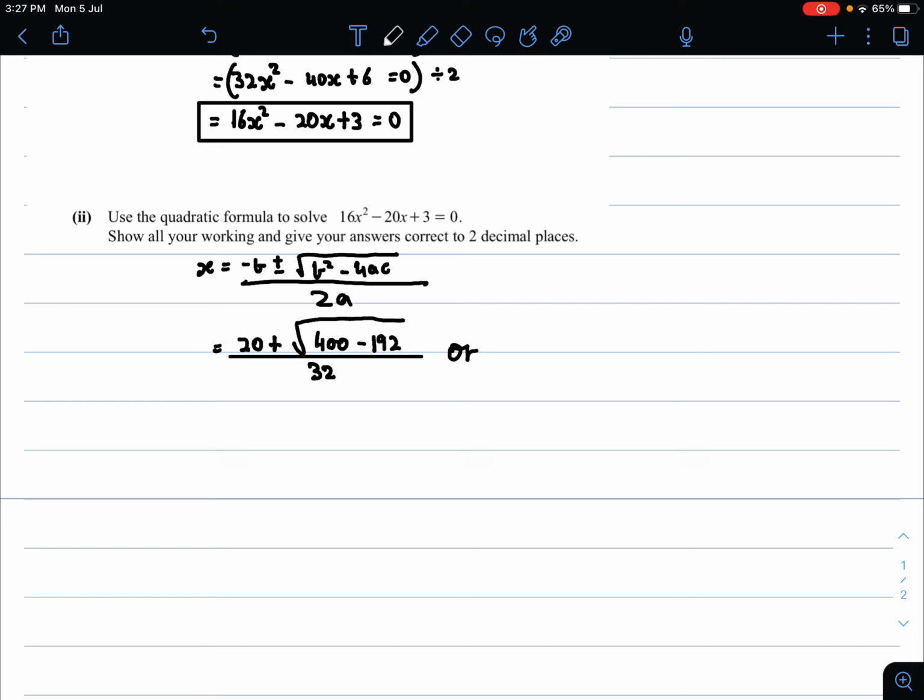Or we have to work out the negative scenario as well. So 20 minus, the calculations will be the same. So 400 minus 192 whole thing divided by 32. You can directly enter this calculation into the calculator.